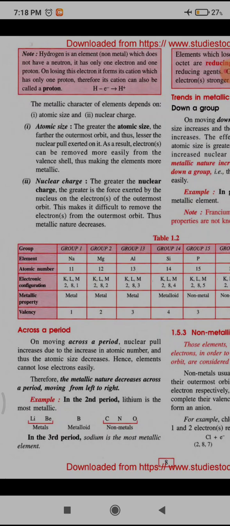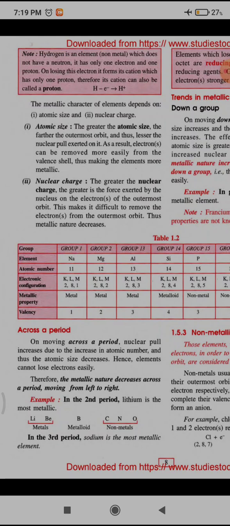If the atomic size is more and the atomic radius is more, then the nucleus cannot easily attract the electrons. If the nucleus cannot easily attract the electrons, that means the nuclear charge is less, and then the atom can easily lose the electron.